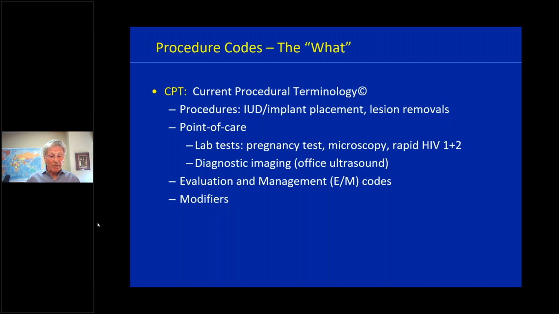So things like laboratory tests that we do in our office, like pregnancy tests, microscopy, a rapid HIV test, or diagnostic imaging like an ultrasound, have their own assigned CPT codes. We're going to be spending most of our time talking about evaluation and management codes, which are for the cognitive part of an office visit, and the modifier numbers are also contained in the CPT book. Next.